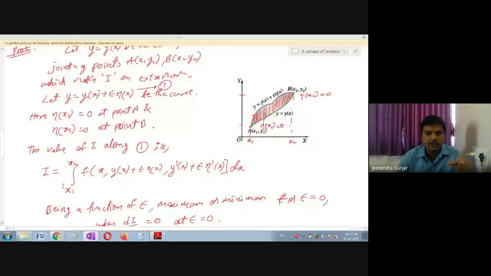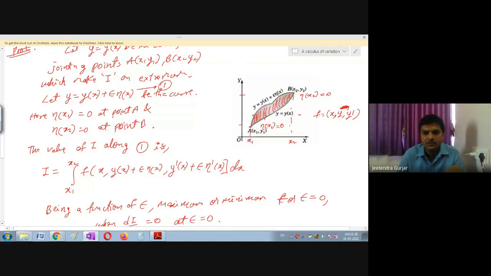Now I is equal to the integration from x1 to x2. For the curve y is equal to y of x, we already know the function is f of x, y, y dash. Please remember y dash is just the differentiation of y.